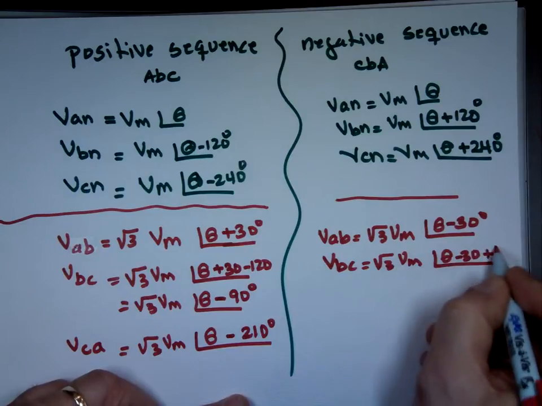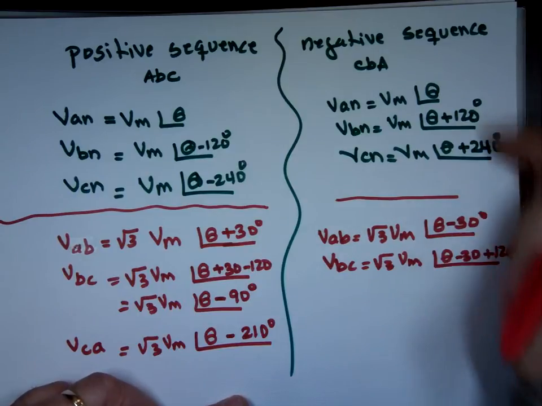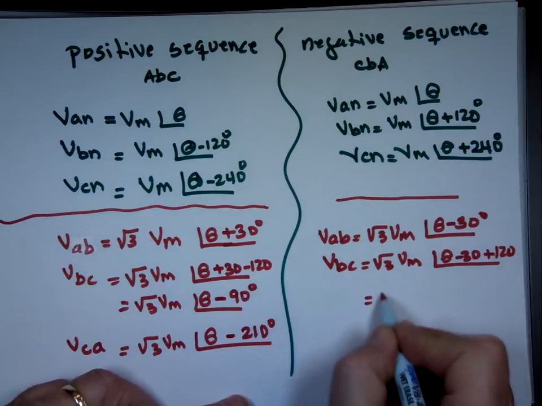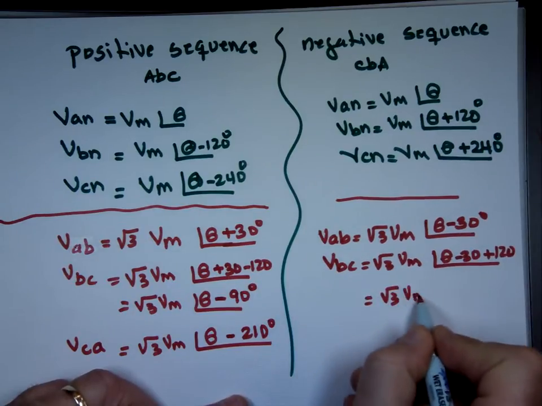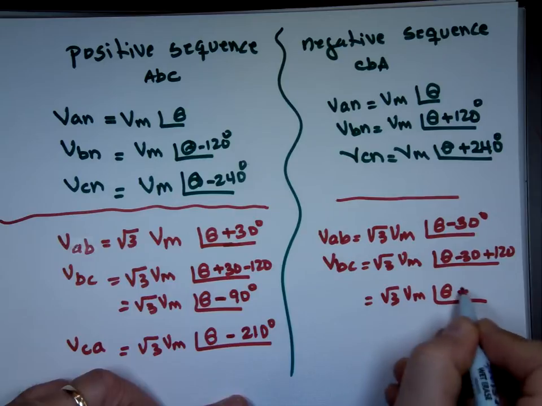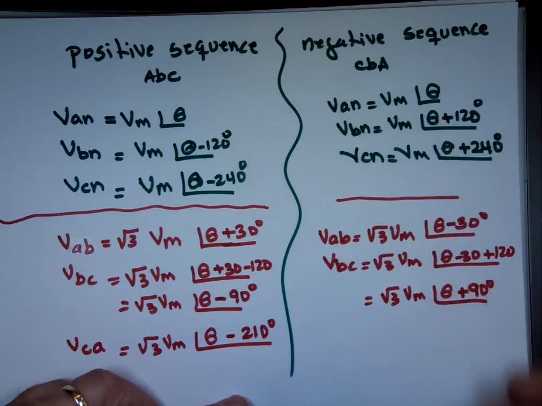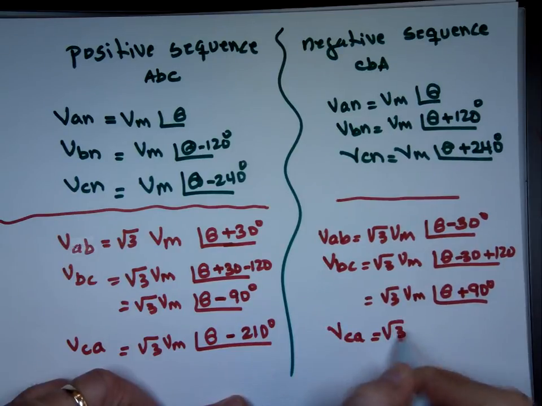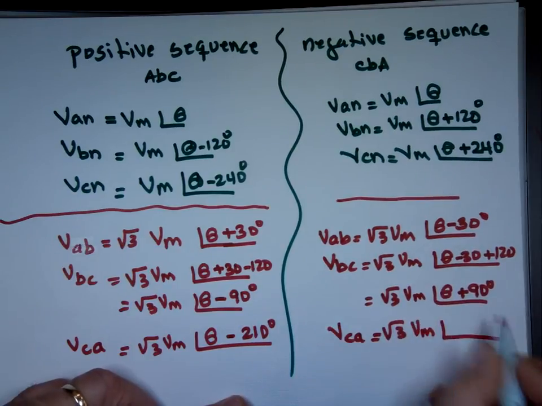You add 120 to it because each one is plus 120 more. See them? So when you add 120 to that, that will make it plus 90 degrees. And the next one, you add another 120 to it. Theta plus, what's that, 210?